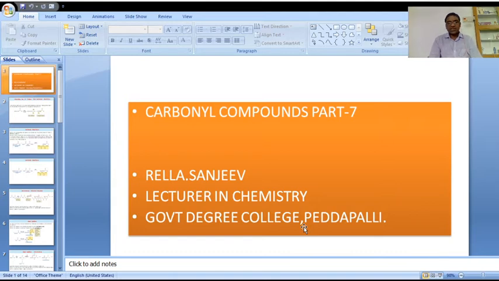In the last class, we discussed enolate ion formation and enamine formation. These two intermediates are formed from carbonyl compounds.